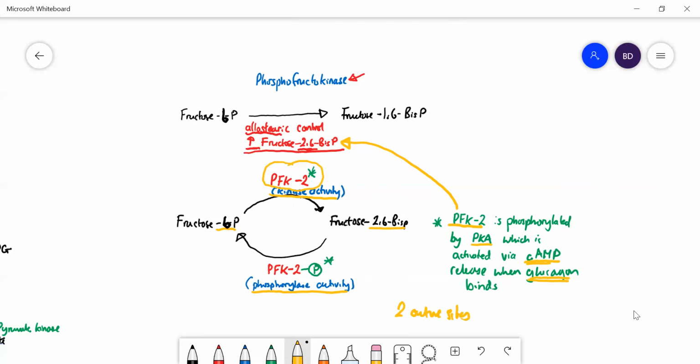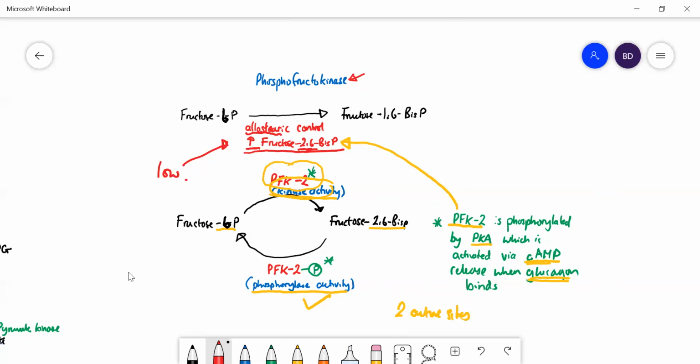So by having glucagon present, you essentially switch off the kinase activity, this one here, and you switch on the phosphorylase activity, so you get very low levels of fructose 2,6-bisphosphate. And that will stop that key enzyme working, which is absolutely essential if gluconeogenesis is going to occur.